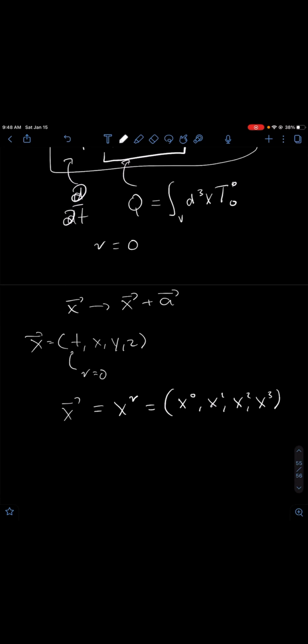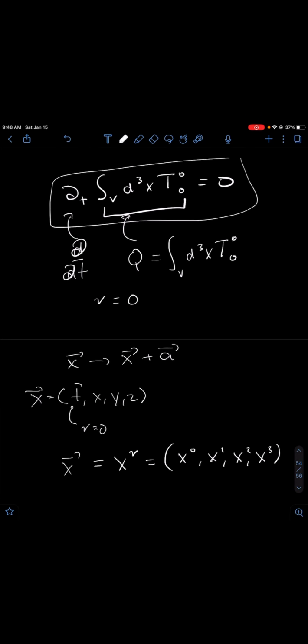So for ν equals 0, we are considering transformations of the time component, since time is the 0th component of some event in space-time. I'm repeating myself a lot, but that's what I'm trying to convey.